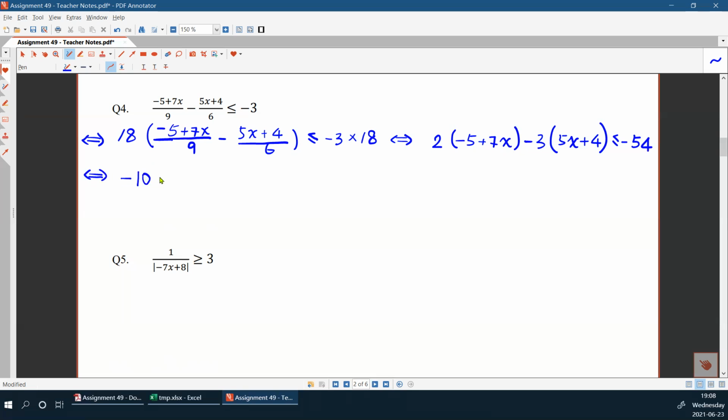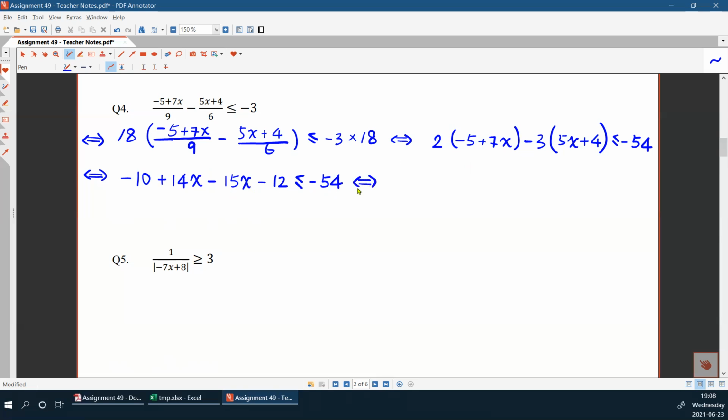minus 10, oh sorry, minus 10 plus 14x, and minus 15x minus 12, because minus 3 times 4 gives you minus 12, right? Less than or equal to minus 54. Then we can just separate x and constants.